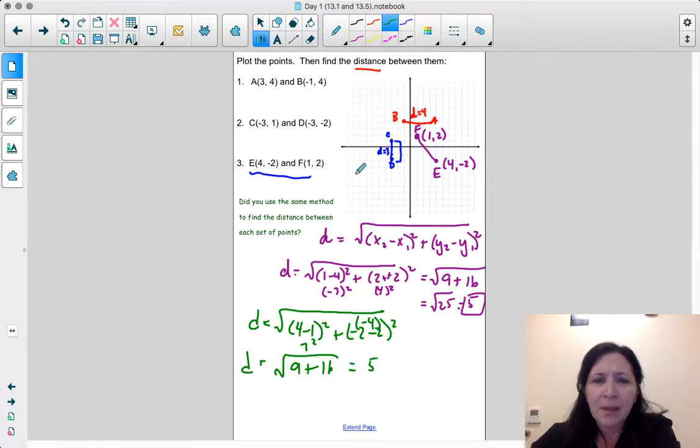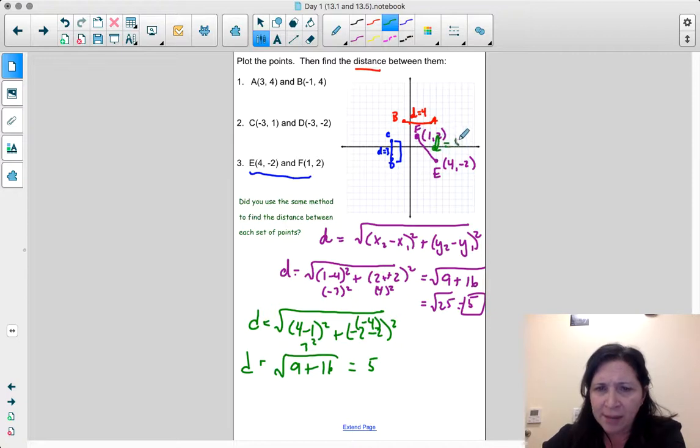Now, there is actually another way of solving this and finding the distance between these 2 points. Right now, we know that that distance is 5. However, I could have simply made this into a right triangle. If you did that, you would notice that this distance here was 3.